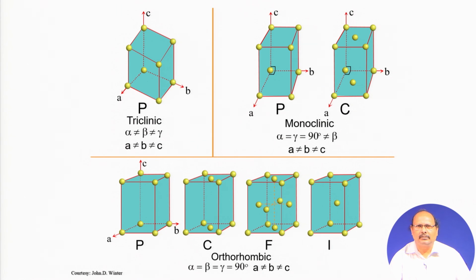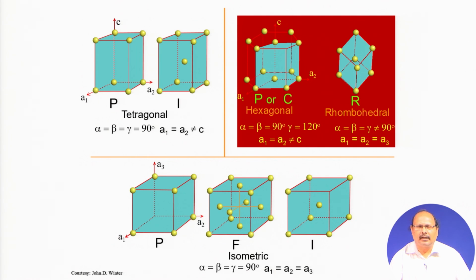Let us now come to the other remaining Bravais lattices here. Under the tetragonal crystal system, there are 2 types of Bravais lattices here. One is the primitive, where all the lattice nodes lie at the 8 corners. And remember what is tetragonal?